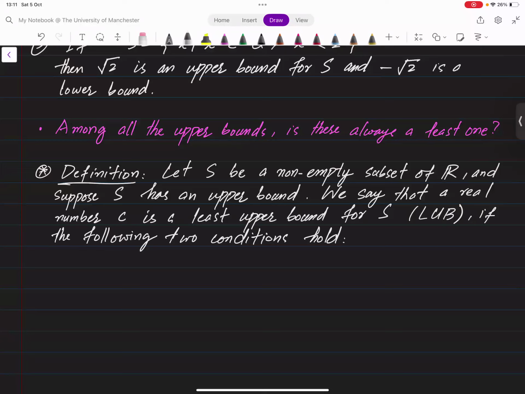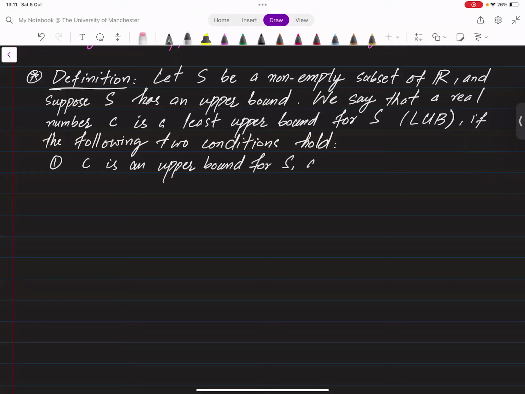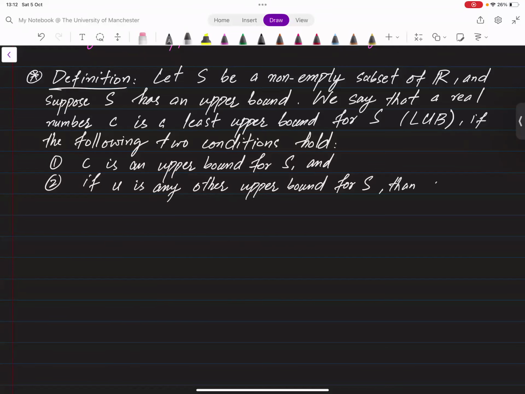Number one is C is an upper bound for S, and number two is if U is any other upper bound for S, then U is greater than or equal to C.